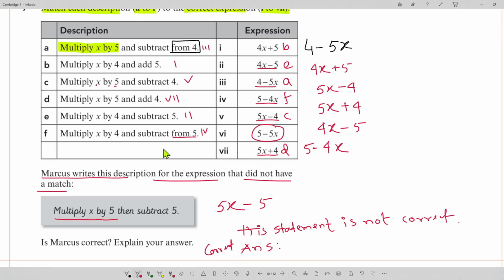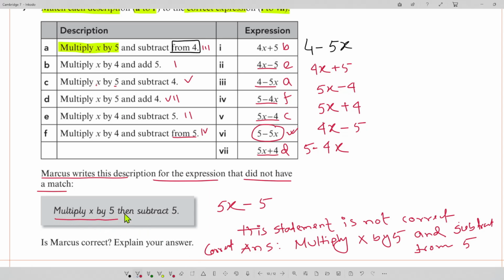So the correct answer will be: multiply x by 5 and subtract from 5.